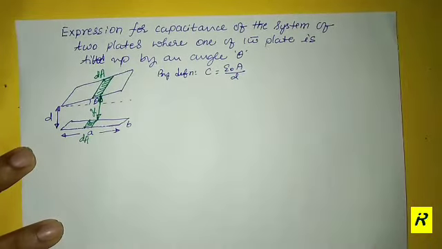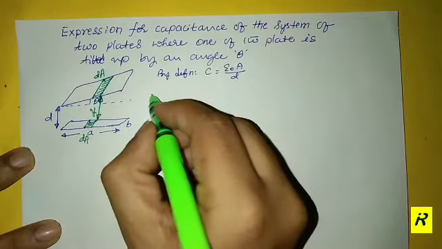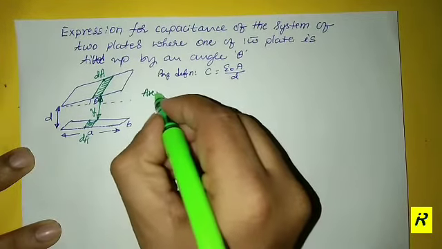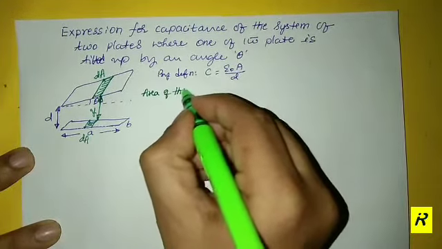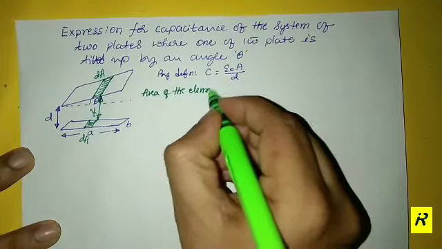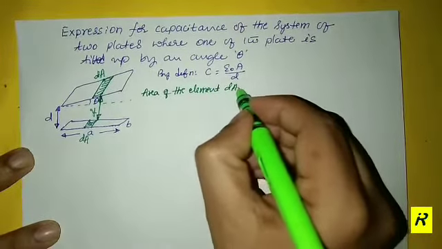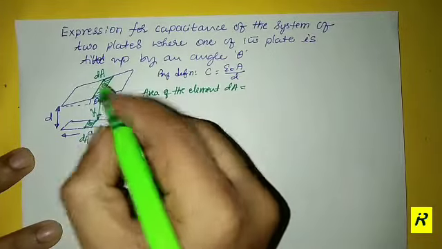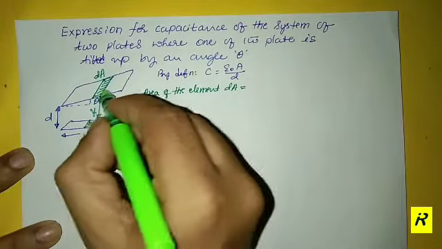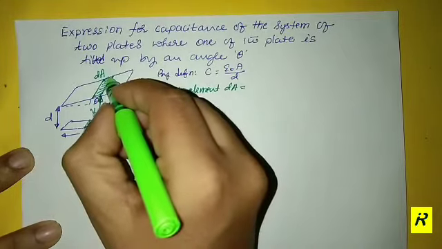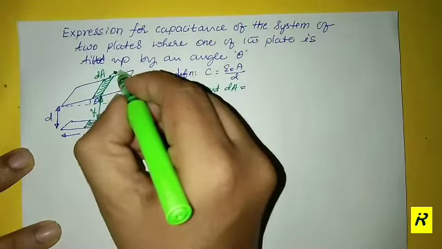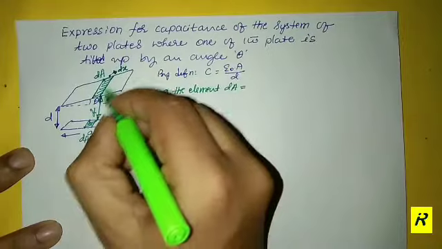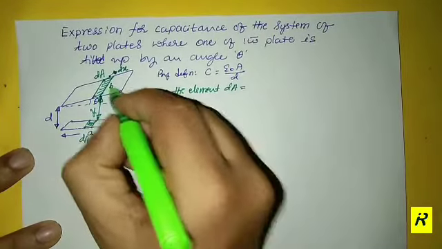For this situation, the area of the element dA is of width dx. The width of this area element is dx, and the breadth is b, as already said.